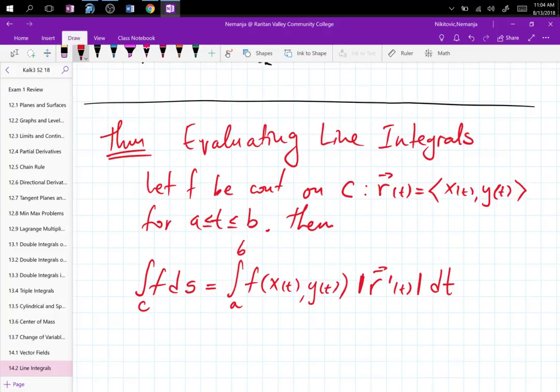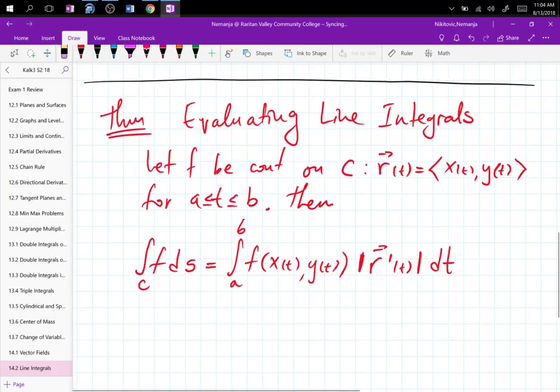So when you convert from the arc parametrization, the parametrization by arc length, into the parametrization by parameter t, you'll gain the extra term in there. And that term, guys, is also known as the velocity vector, right?